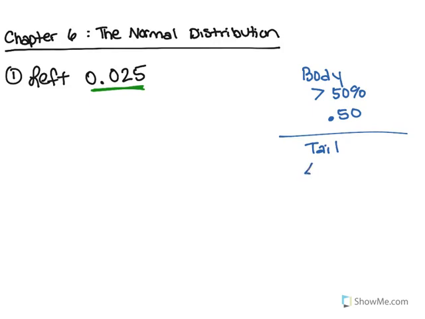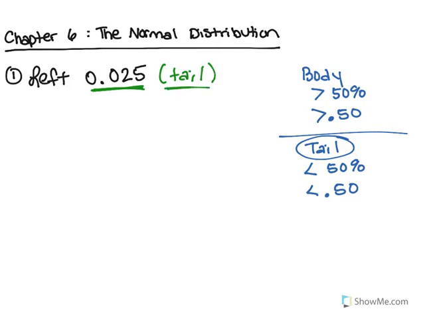To be a tail, it would be less than 50% shaded, less than 0.5. So when I give you 0.025, obviously that is a tail. That is a small decimal. You need to make sure you can distinguish between a body number and a tail number.